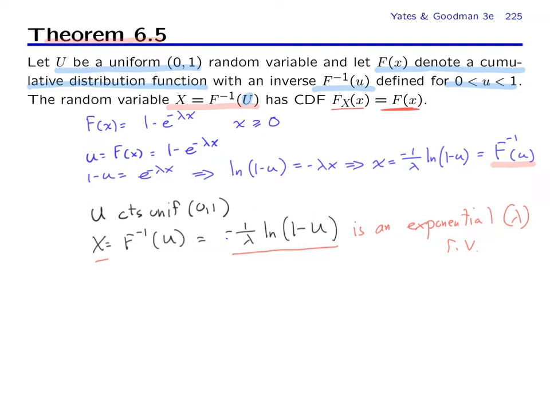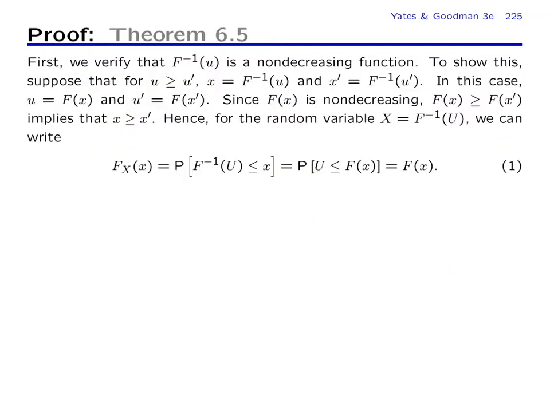And if you wanted to generate an exponential random variable or a sample of an exponential, then what you can do is generate a uniform U and then calculate this function log of 1 minus U divided by minus lambda. And the result is a sample of an exponential random variable.